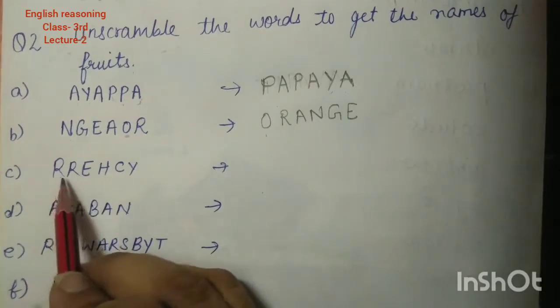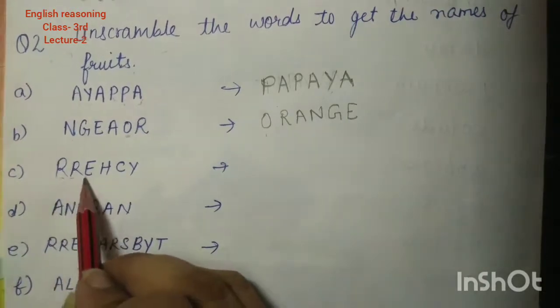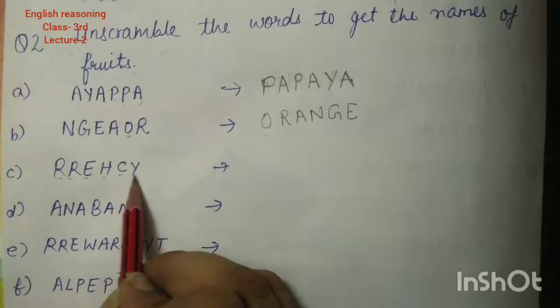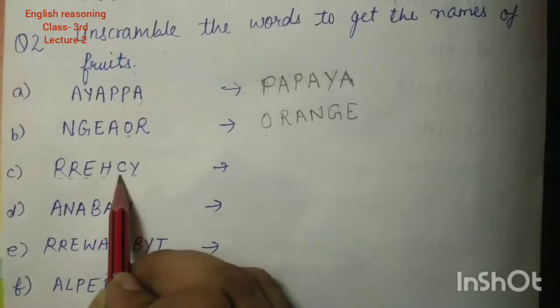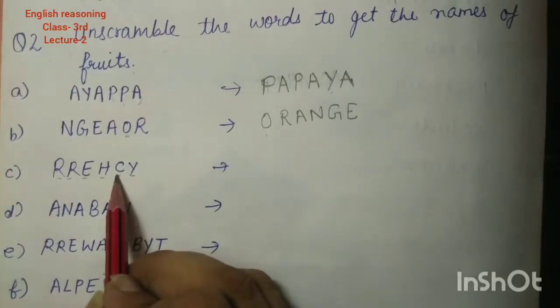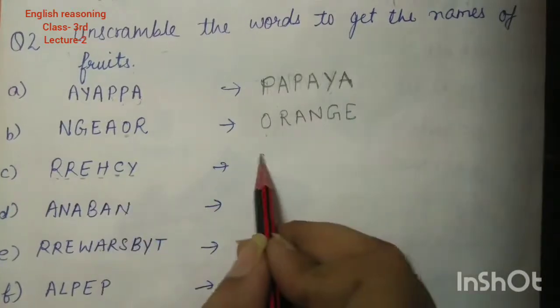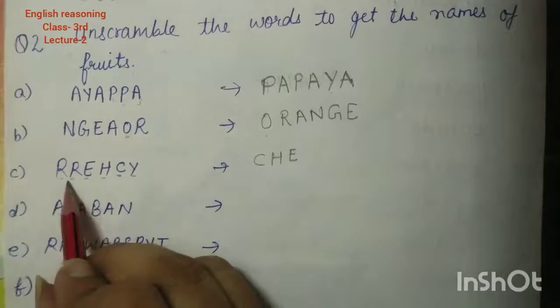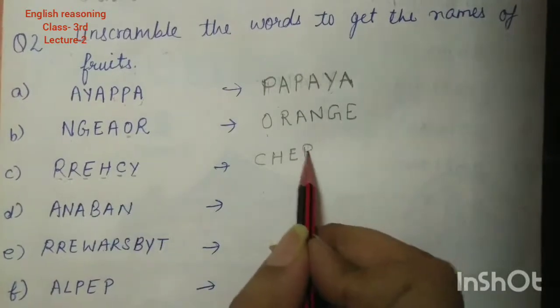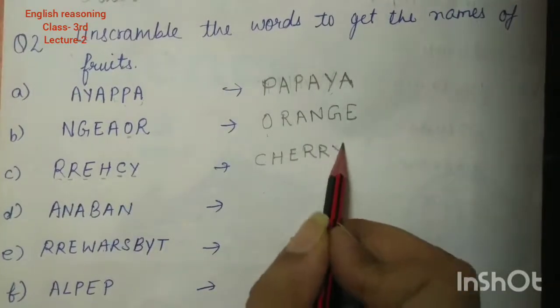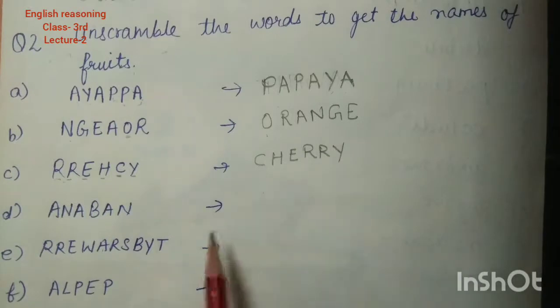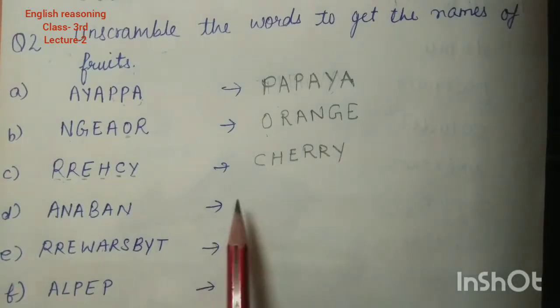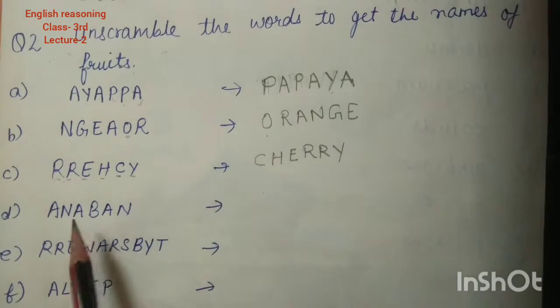Now come to third one, RREHCY. So if I again look at the word carefully, CHERRY, cherry. See, this is also a name of a fruit. Now come to next one.